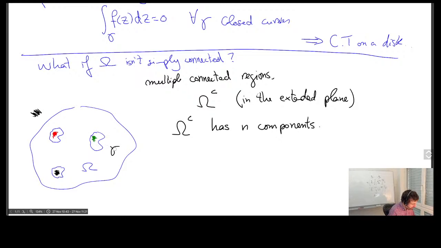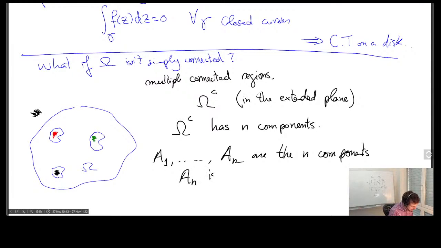Let's say that A1 all the way through AN are the n components, and let's say AN is the unbounded one, the one that contains infinity.